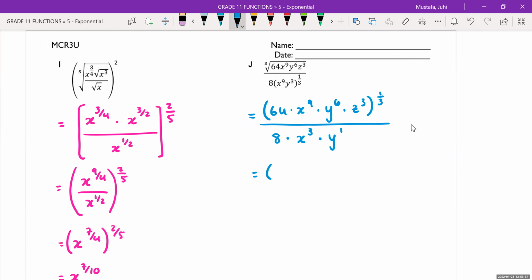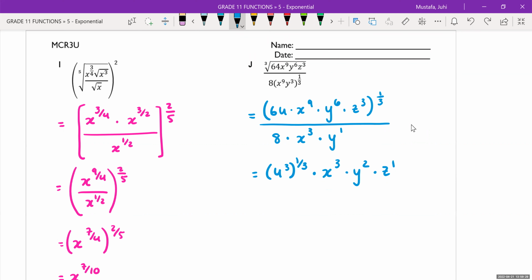So I'm going to change the 64 to 4 to the power of 3, and that's going to be all to the power of 1 over 3 times 9 times 1 over 3 is just a 3, so that'll become x to the power of 3. 6 times the third is just 2, so it's going to be y squared. And 3 times the third is just a 1, so it'll be z to the power of 1. Okay, so all I'm doing is taking the 1 over 3 and applying it to every single term.